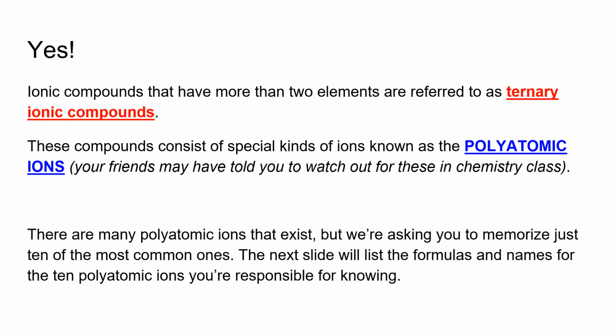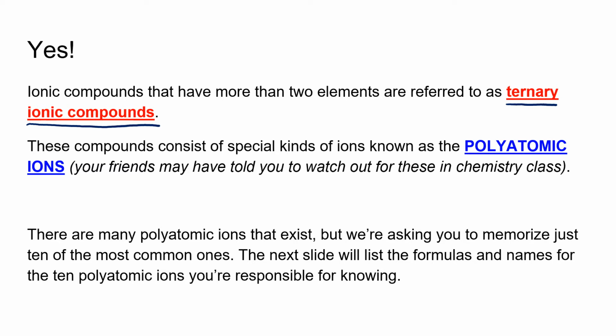So like I previously said, it is possible for ionic compounds to have more than just two elements in them. When an ionic compound has more than two elements in it, we refer to those compounds as ternary compounds, as we see here in red and underlined. These compounds consist of special kinds of ions known as polyatomic ions.